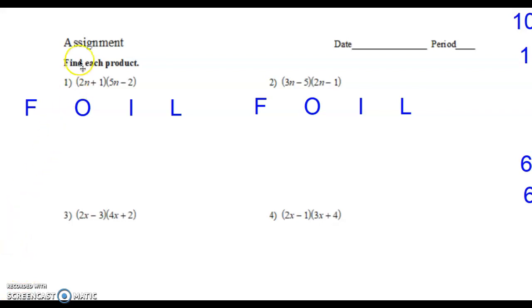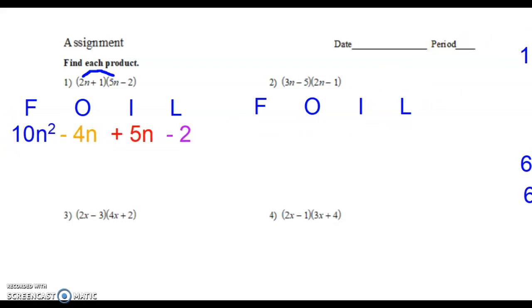So here you go. There are other ways, but if you want to distribute twice, that's what foiling means. I will color code this for you. When we do first term times first term, that's these two here in blue, 2 times 5 is 10, n times n is n squared.